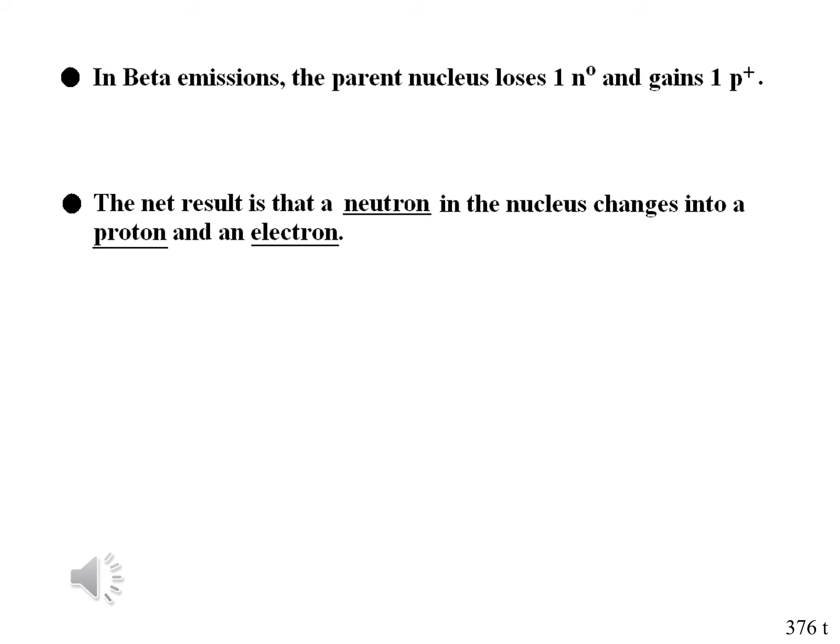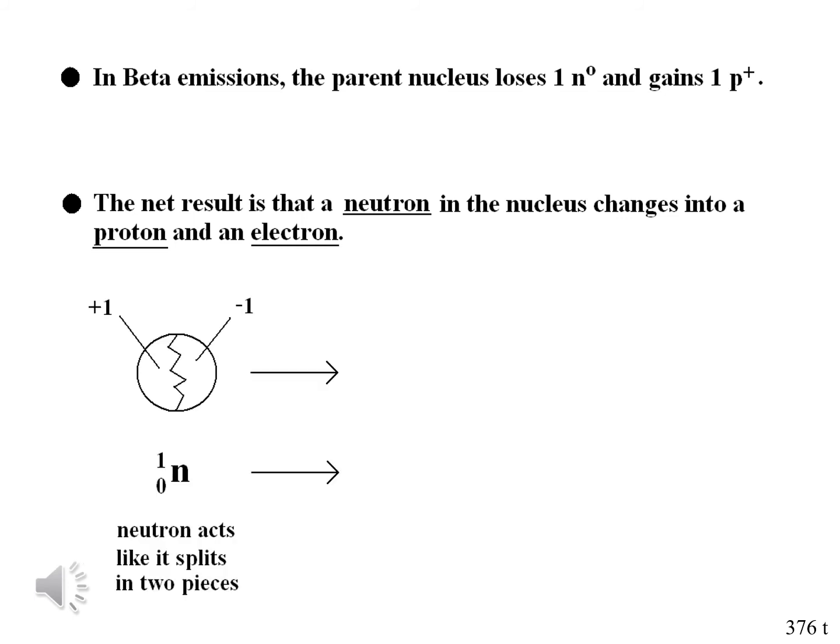A neutron in the nucleus changes into a proton and an electron, and the electron gets shot out of the nucleus, but the proton stays behind. Now this is not actually the way it happens, but I wanted to draw a cartoon of it. You could think of a neutron, because it's neutral, as having a plus side and a negative side, and it's possible that it could split in half.